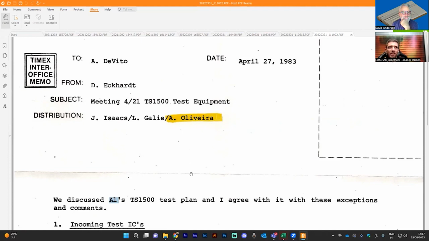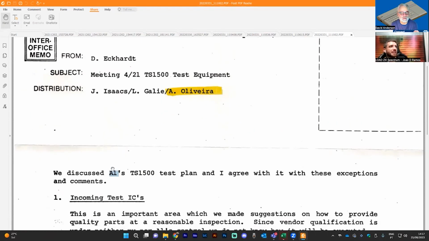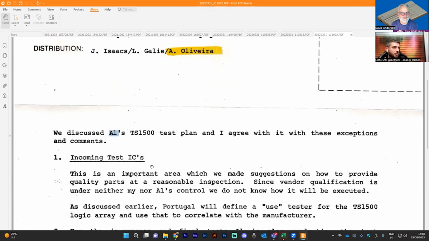But we thought it was not Álvaro Oliveira because of some other things. And I think I already saw in other documents another guy with a similar name, not Portuguese. Now I read this and I see they are abbreviating the name Al, and I don't know if this Al is Álvaro Oliveira or not. We do have a telex from Álvaro Oliveira to someone saying do a test plan like we did for the TS2000. So it could be Álvaro Oliveira, but I'm not sure.